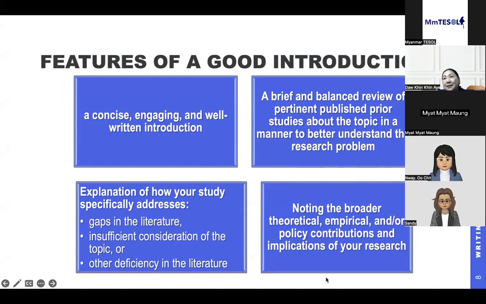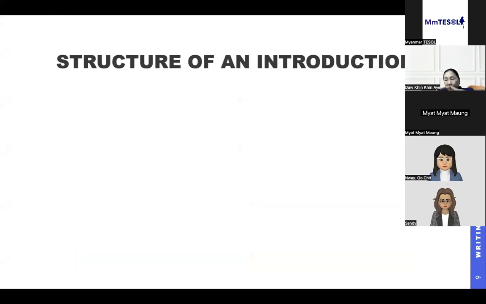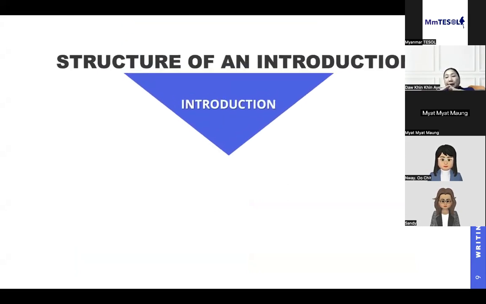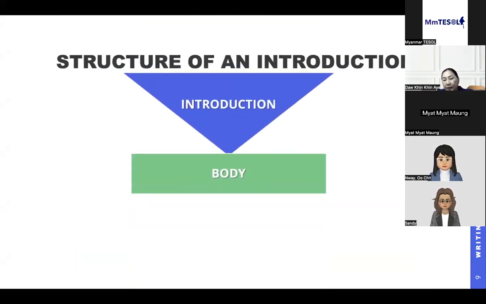You may remember that in the conclusion as well, right? Because the introduction starts with the general and narrows down to a specific area. That specific area is elaborated in the body of the whole thesis itself. In the conclusion, we start with a specific area, because we discuss the findings of the research.